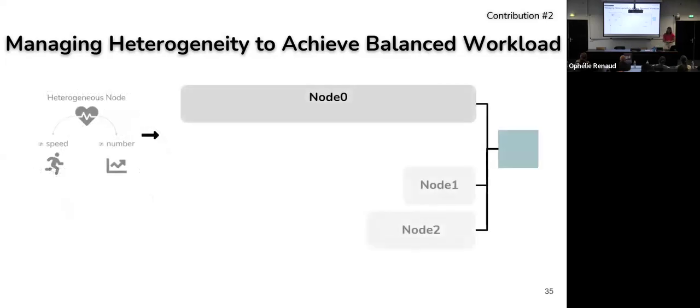So in order to achieve a balanced workload, we estimate the workload. To manage heterogeneity, we group the two parameters into one single number of equivalent cores, which corresponds to summing the frequency ratio between cores.